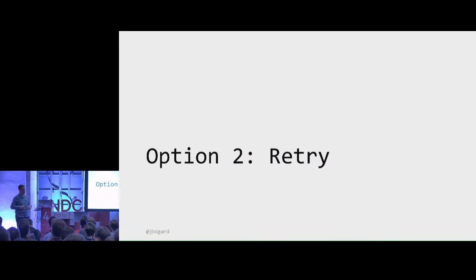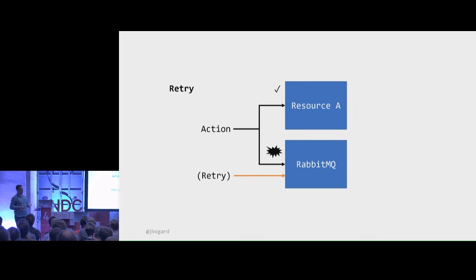Option 2 is a retry. So RabbitMQ and some brokers do have a concept of a retry. If anyone here has used Azure Service Bus, Azure Service Bus has duplicate message detection. You have to turn it on, and what it'll do is keep track of messages for a certain period of time, like 30 seconds, 5 minutes, some kind of configurable amount of time.